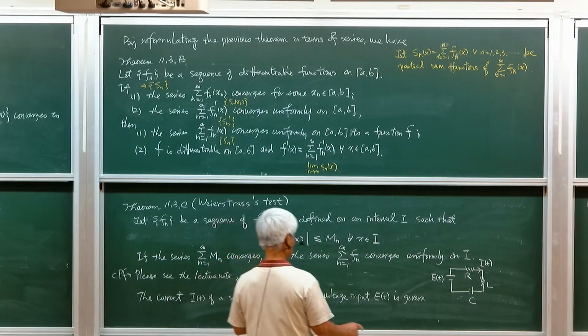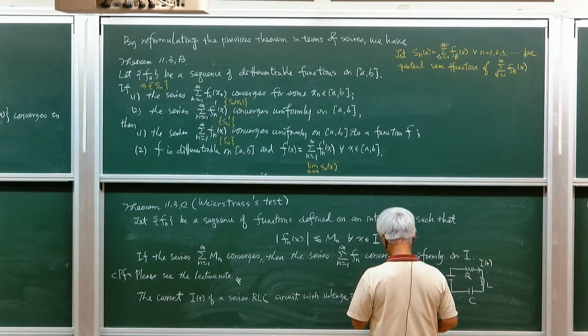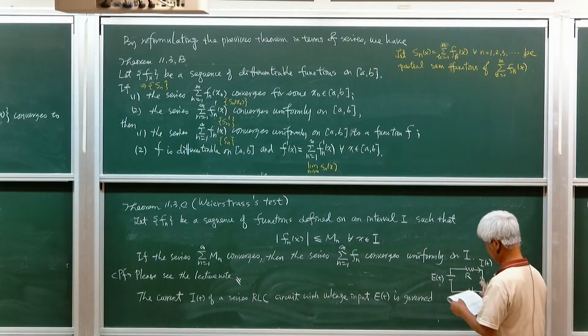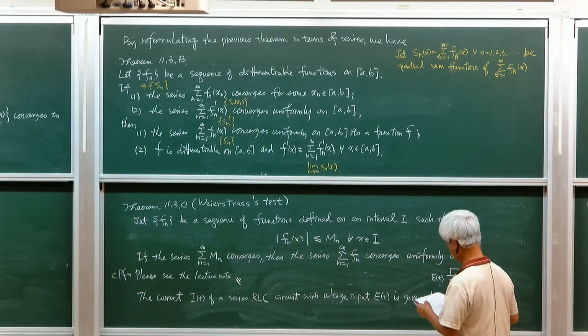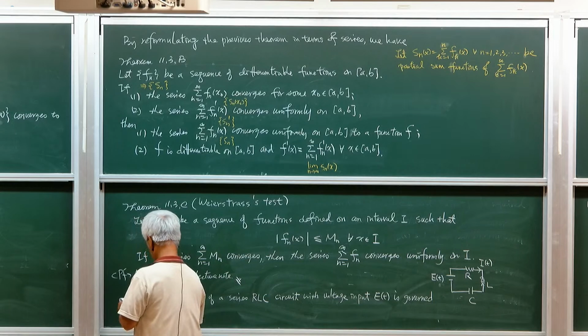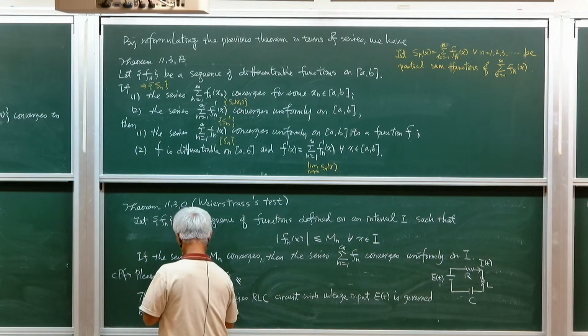in circuit theory that the relationship between the voltage input and the current in the serial RLC circuit is governed by a second order ordinary differential equation.